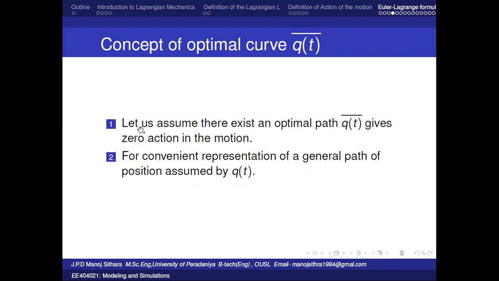We can assume there is zero action, which means the integration of the Lagrangian will be zero. For convenient representation of the general path of the position, we assume that q(t) is the general path. In general, we call the position variation q(t).